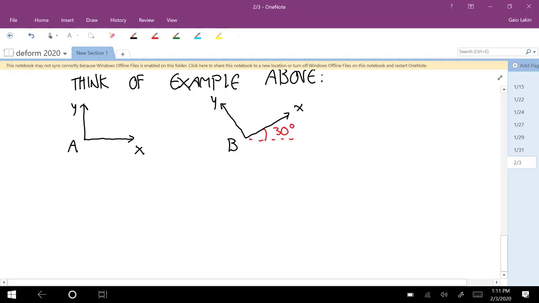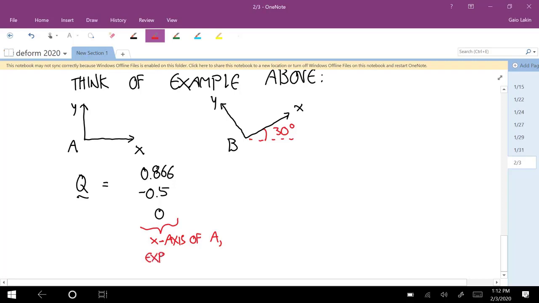So it's going to be cosine and sine of negative 30, and then 0 for z. So cosine and sine of negative 30 is 0.866, negative 0.5, 0. This is the x-axis of A expressed in B.